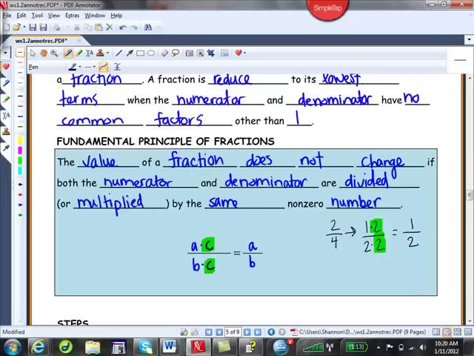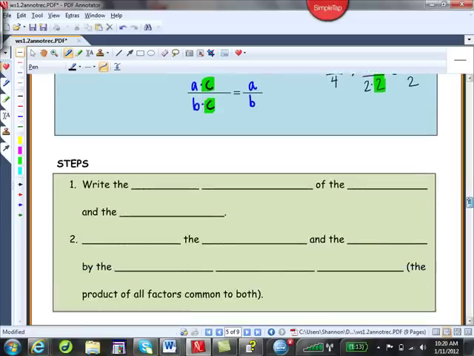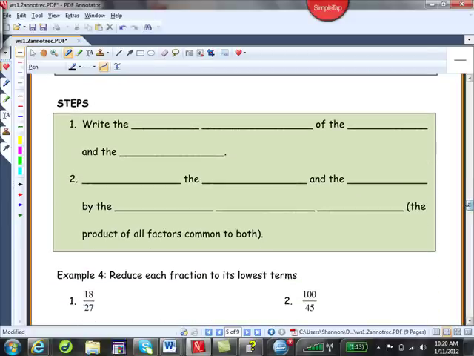Okay, so let's check it out. Here are our steps. Write the prime factorization of the numerator and the denominator.